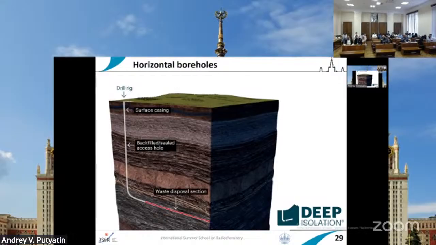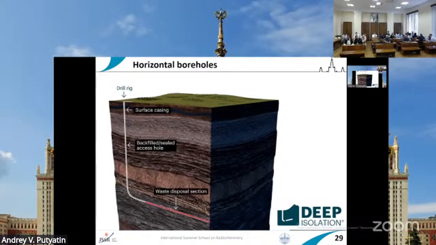So the idea of the company is that we don't need to make a very deep borehole. We can just make a horizontal well at a depth of 500 meters, the same depth that is already accepted by all the experts, but we don't need to construct all these huge rooms and tunnels at this depth. Just a borehole where you place canisters.